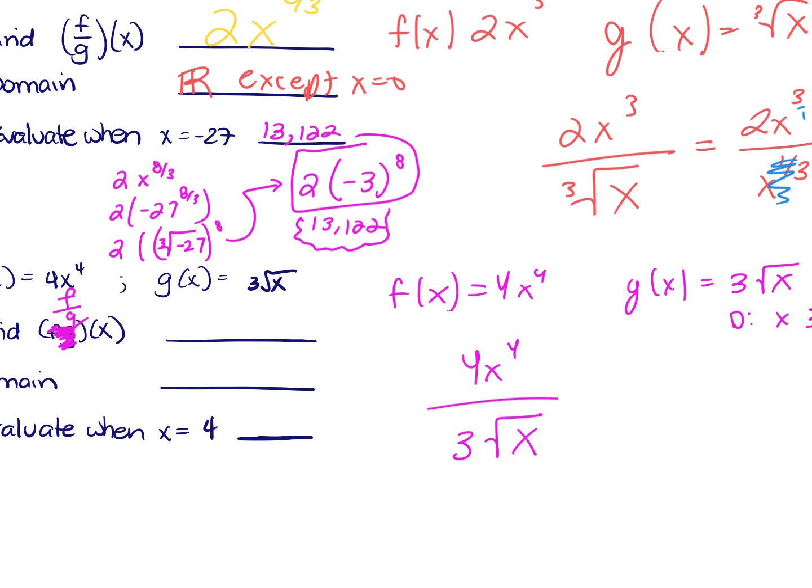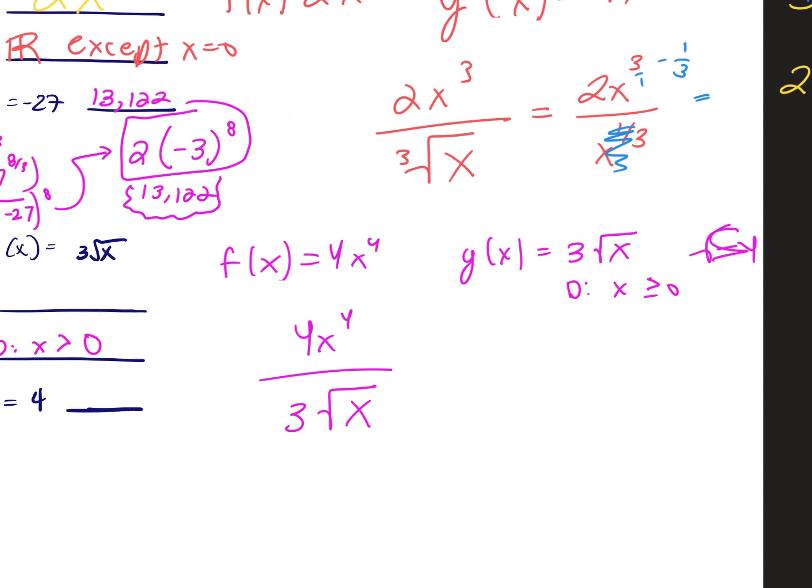It won't work, the denominator becomes 0. So what is your domain here? Just greater than 0. Remember, if you have an even radical in the numerator, it's greater than or equal to. If you have an even radical in the denominator, it's just greater than. In the numerator, an even radical can be greater than or equal to; in the denominator, it only is greater than.